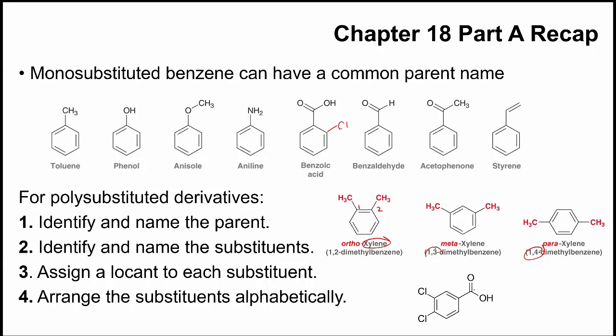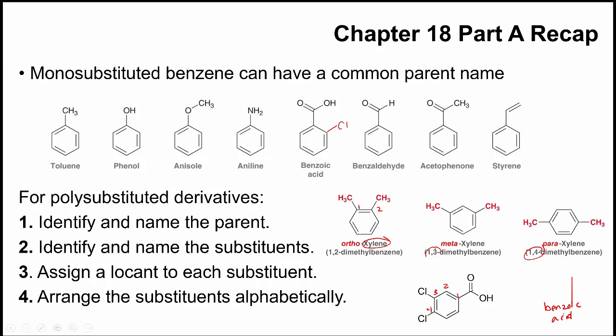So if we're naming this substituent here, we have benzoic acid as the parent. Then we're going to number around the ring to give it the lowest numbering. If you have two groups on the ring, that's when you can use ortho, meta, or para.